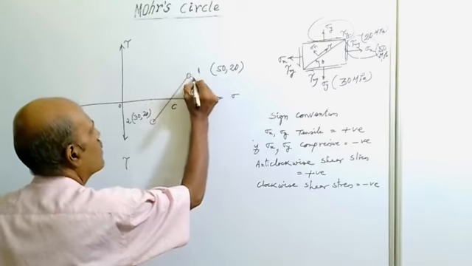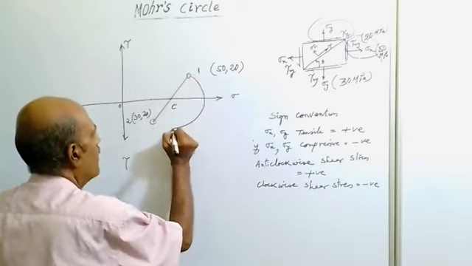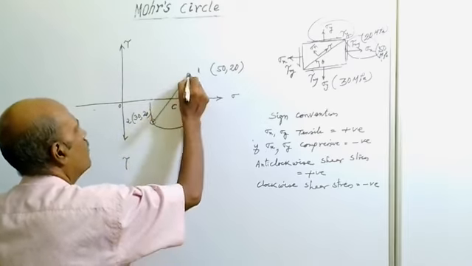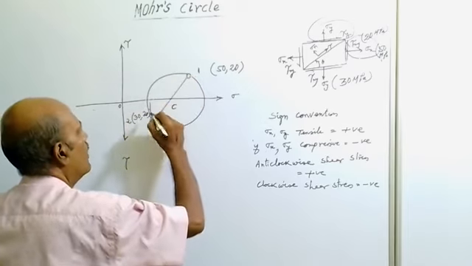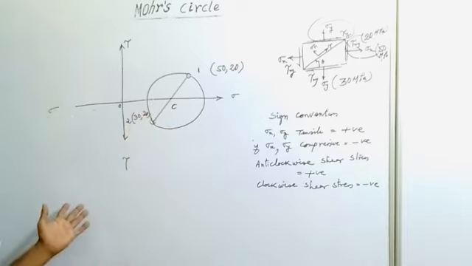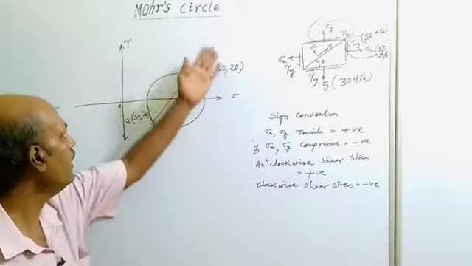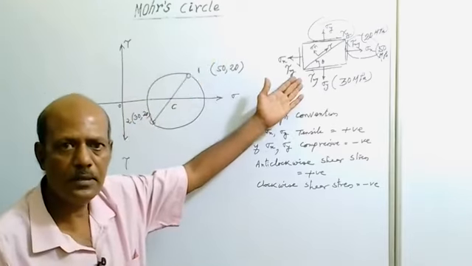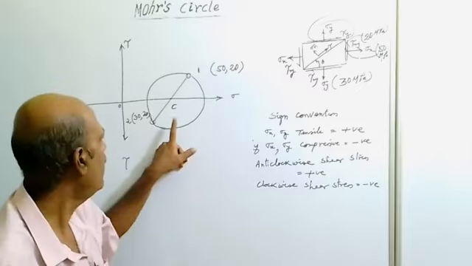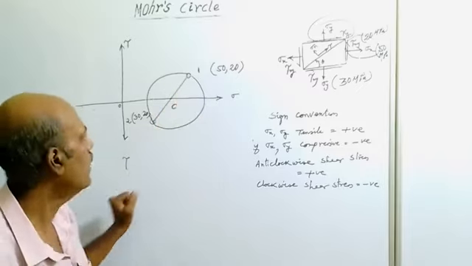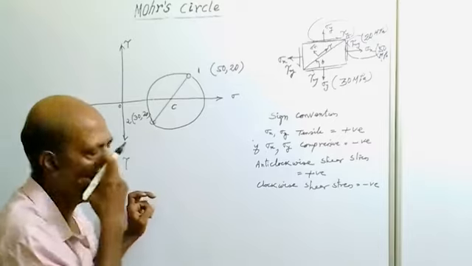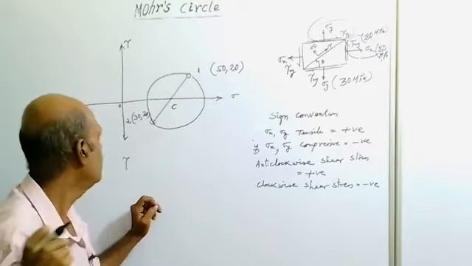Draw the circle. So if we draw the circle, we will get this circle, and this circle is known as Mohr circle. So we have drawn the Mohr circle by the information given on the stressed body, where this is the center and this is the radius.